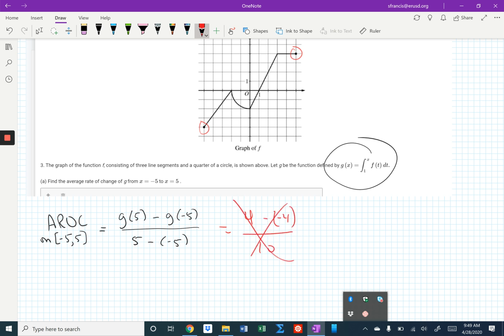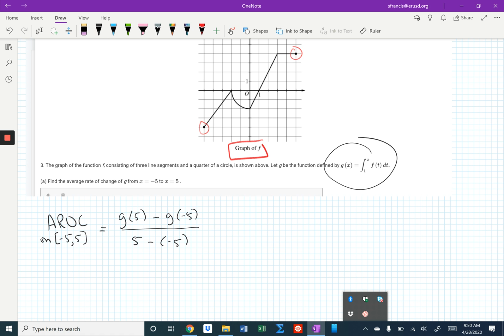But this is all wrong, okay? This is wrong because the graph is of f, and they want g of 5, and you put f of 5. You found the average rate of change of f, not of g, okay? So if you did that, let's learn from that mistake. Let's pay better attention to the question, and let's work to get this right, okay?